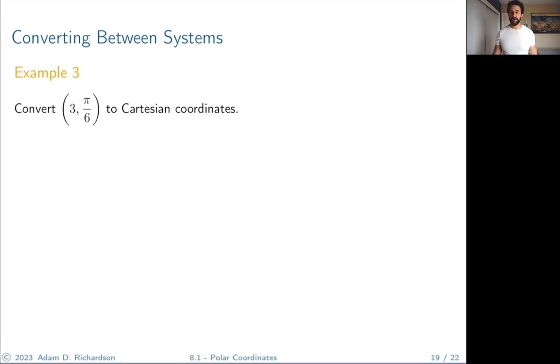All right, here we go. So we're given the radius and we're given the angle, and what we need to find is x and y. But we know the isomorphism equations. X equals r cosine theta. So for us, that's going to be 2 times cosine of pi over 6. Pi over 6 is one of the standard angles, and cosine is root 3 over 2. So this is going to be 2 times root 3 over 2, which is root 3.